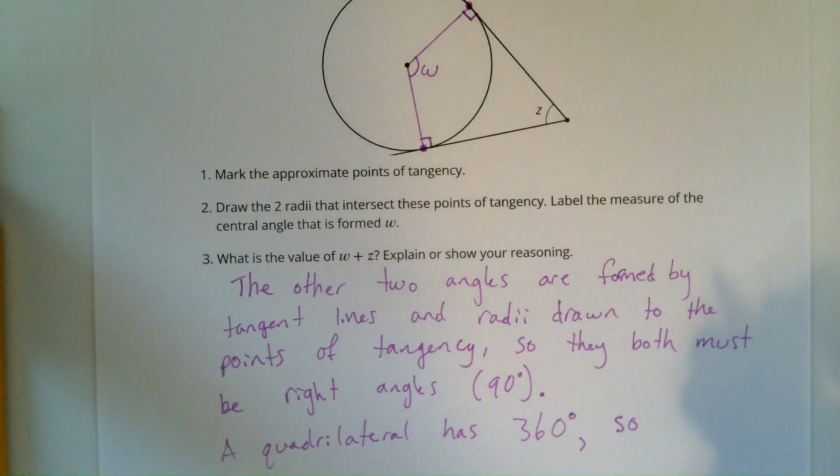So 360 minus two 90-degree angles is going to be 180. So W plus Z must equal 180 degrees.